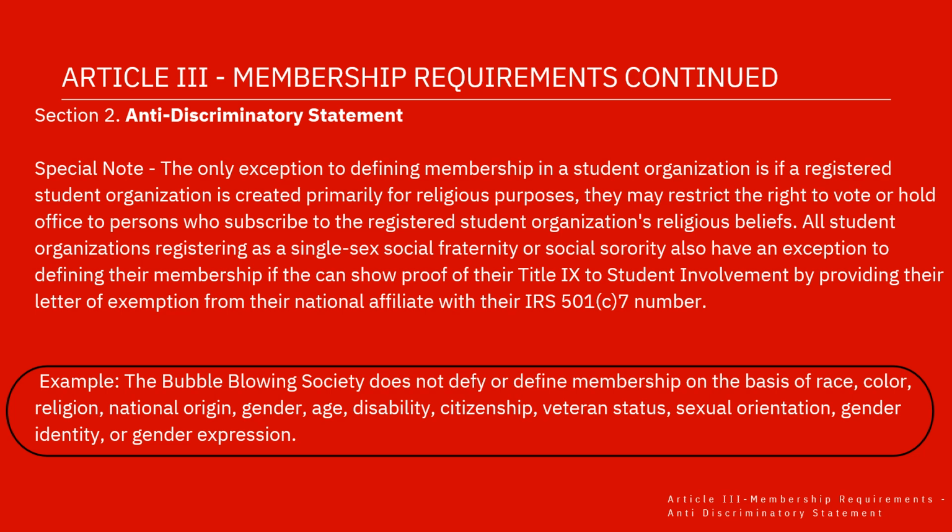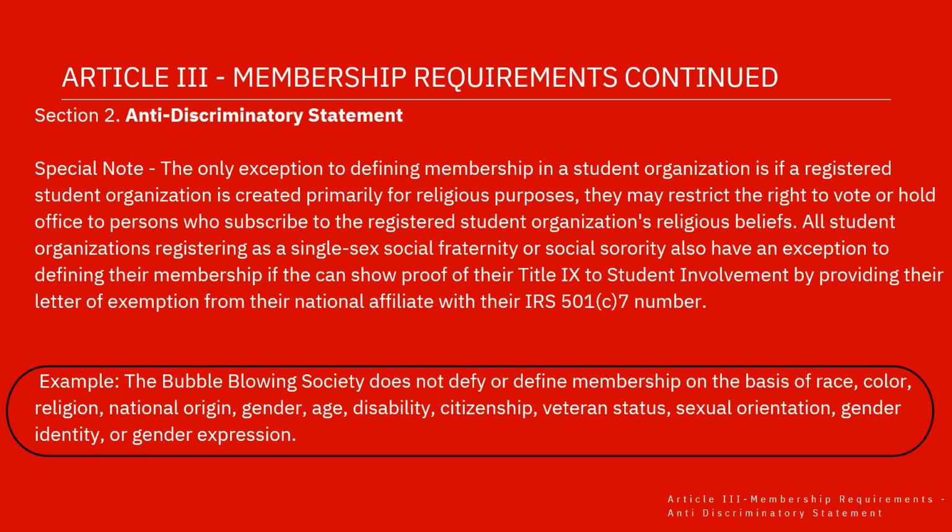Continuing under Article 3 for membership requirements, here is that anti-discriminatory statement. It's very important, again, as we mentioned, to have this explicitly in your constitution or bylaws. The example is something that you can completely copy and paste and insert your student organization name into.